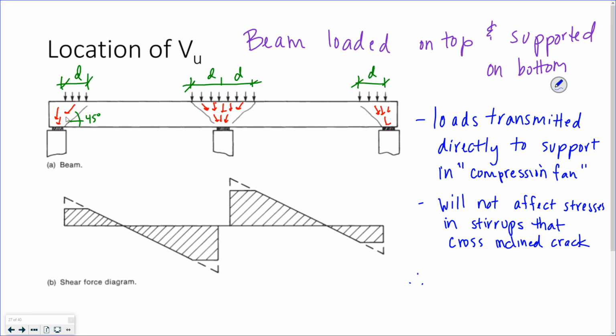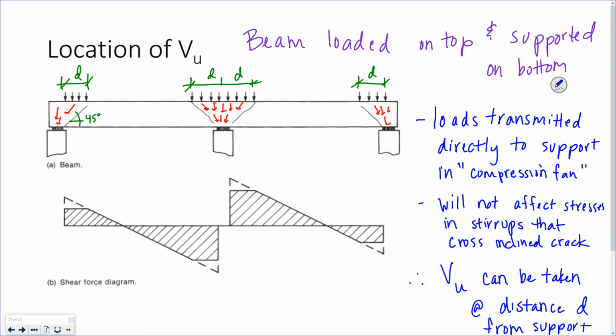Therefore, the shear that we have to design for can be taken at a distance d from the support. So I don't have to design for the peak shear right at those supports.